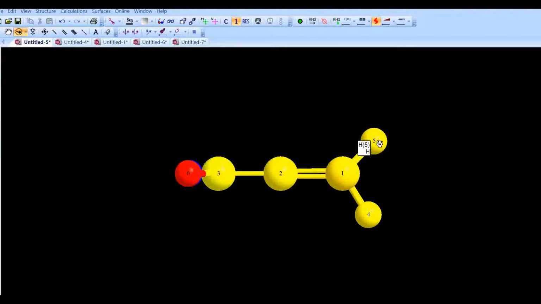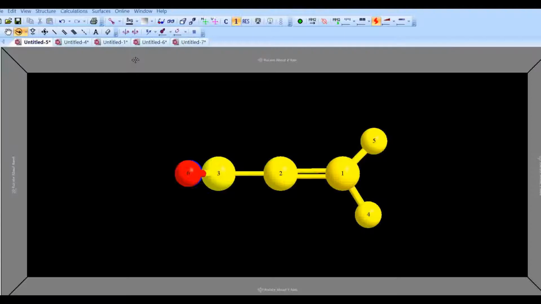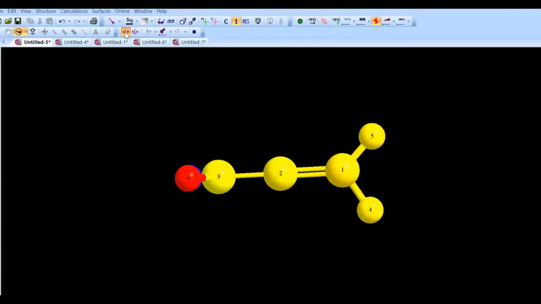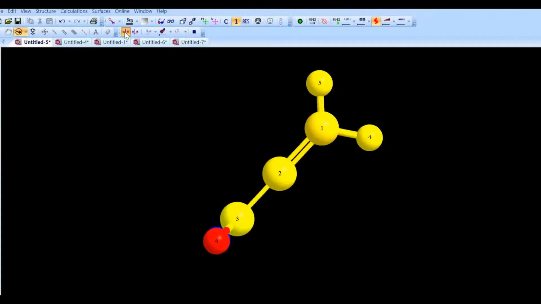Initially the atoms number 1, 5 and 4 are yellow colored, which means that they are in the plane, whereas when I rotate, the atom numbers 6, 5 and 3 will occupy their position, but you will see that they will not be yellow, because this atom number 6 is outside the plane and this atom number 7 is behind the plane. See, when I rotate it, you will understand that the appearance will not be same.